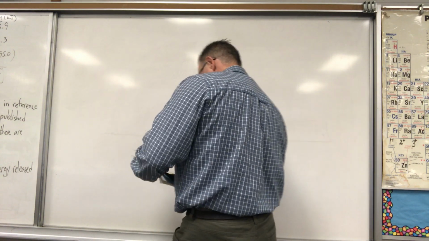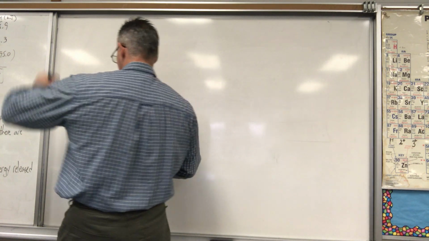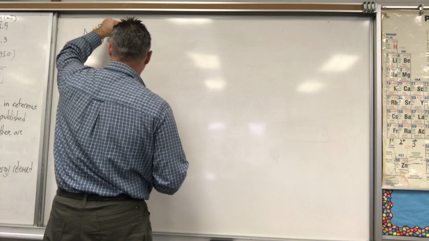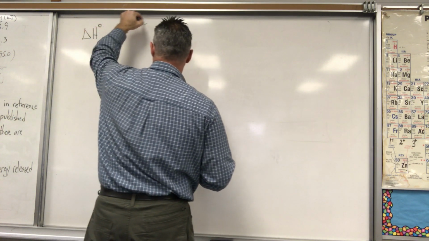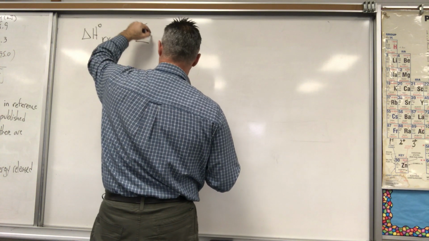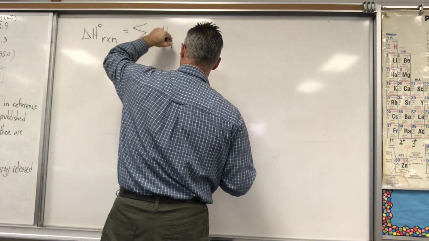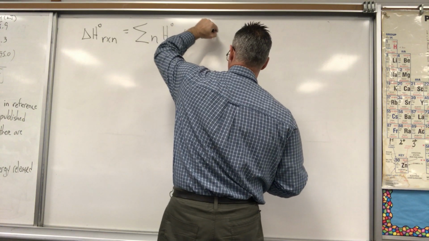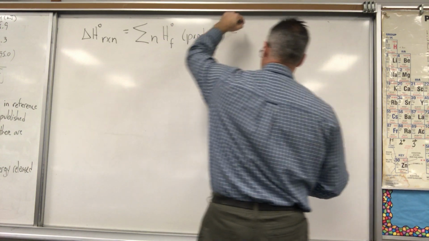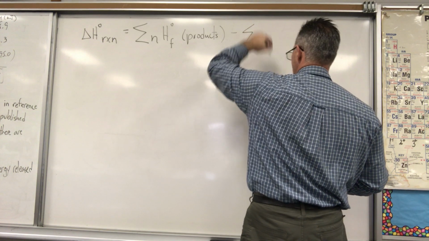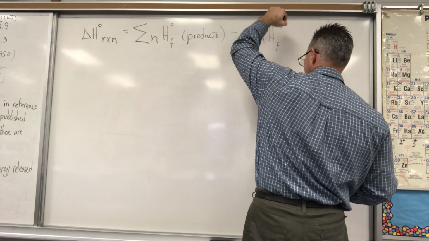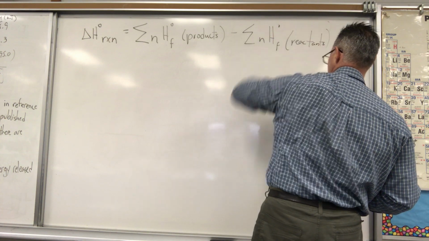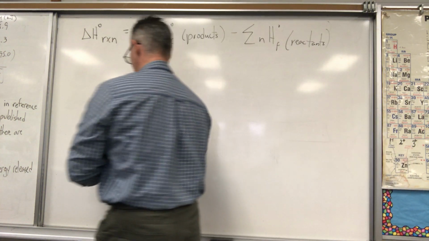The way they say this mathematically is the delta H naught, standard heat of a reaction, is equal to the summation of the number of moles of the heats of formation for the products minus the sum of all the moles of the heats of formation of the reactants. So let me decipher that for you.